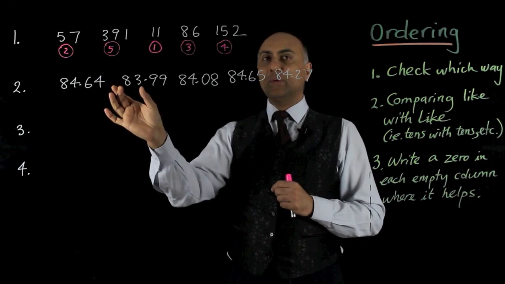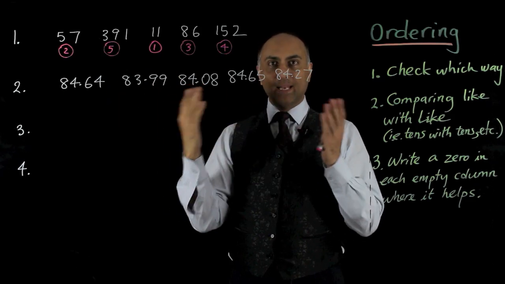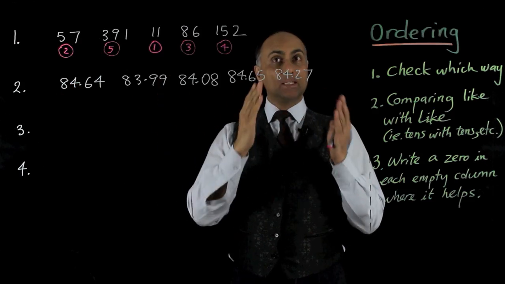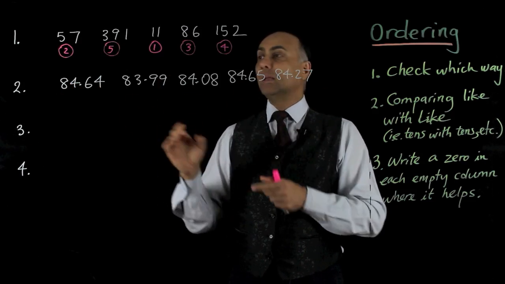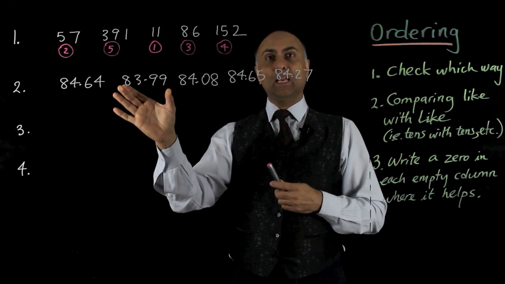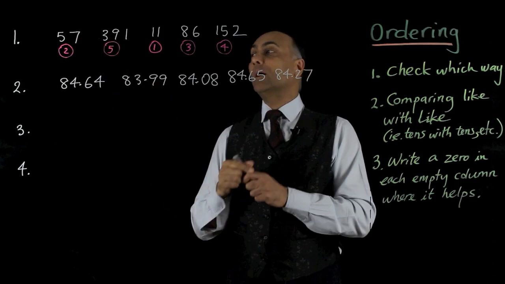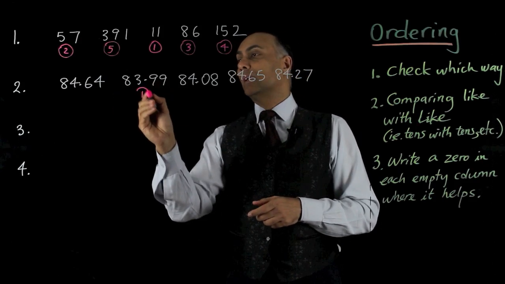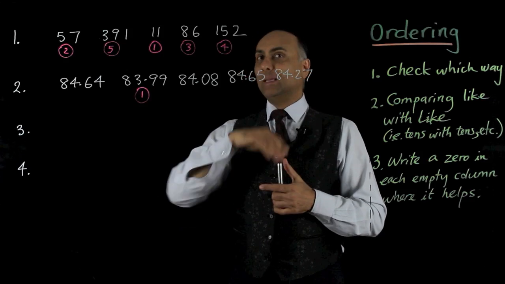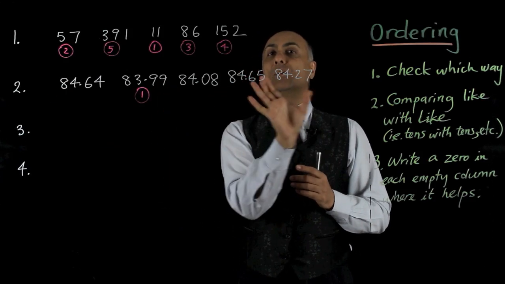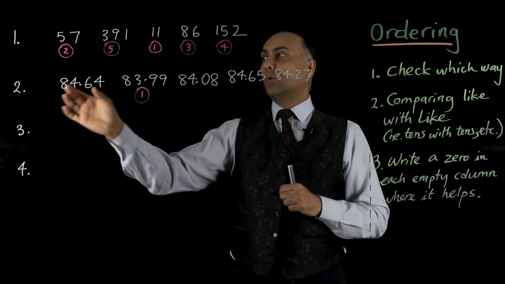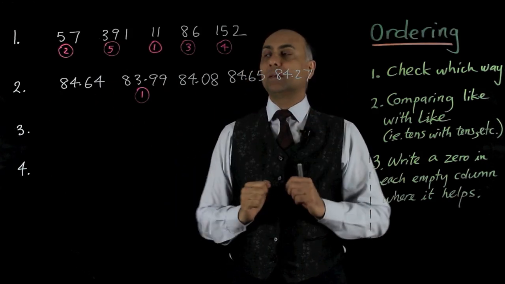Clearly, 83 point something will be less than 84 point something, regardless of what the decimal places are. So the smallest is definitely 83.99, and I'll mark that as 1. So if you like, that one has now been eliminated from our list. We can now just compare the other 4 numbers, which are all 84 point something.